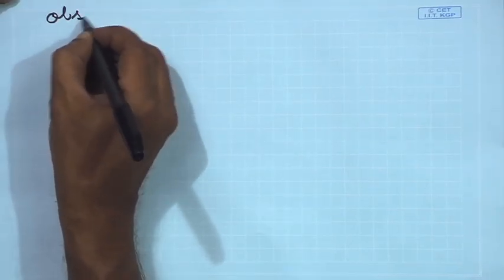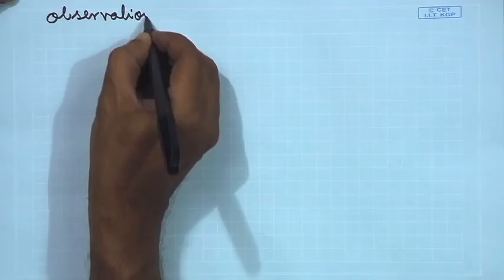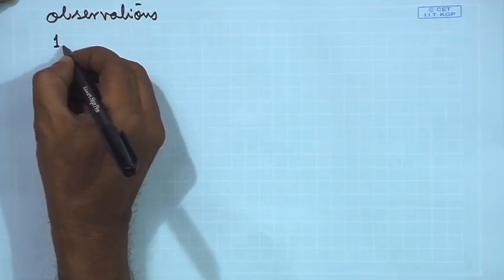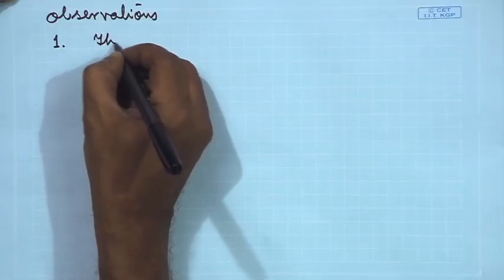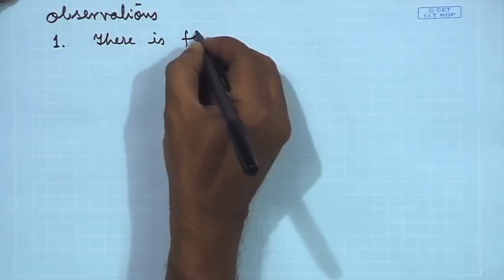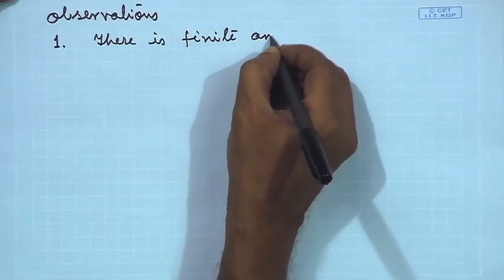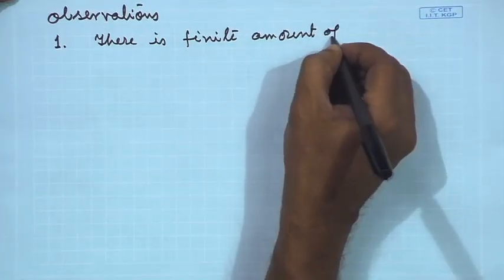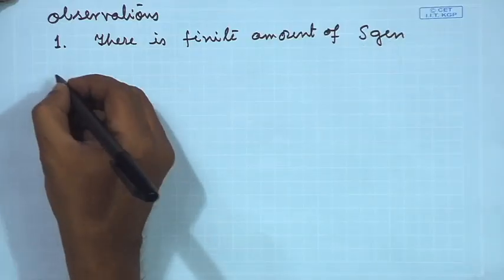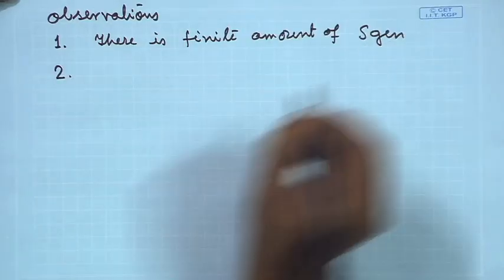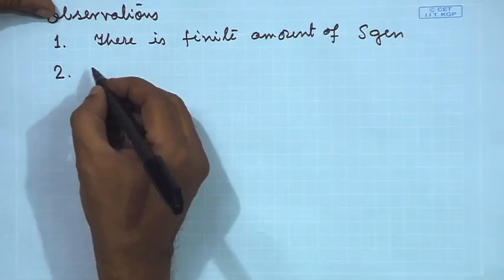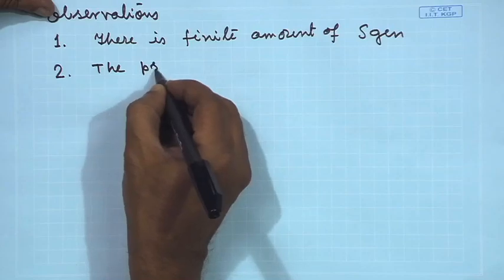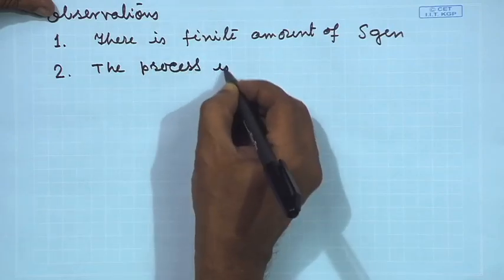So, let us write down our observations. First observation is there is a finite amount of S gen. Second, as S gen is related to the irreversibility of the process, the process is irreversible.